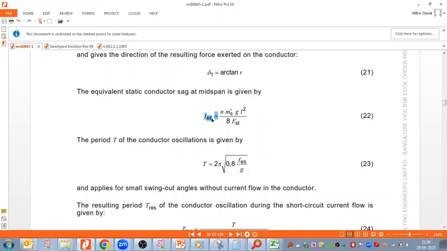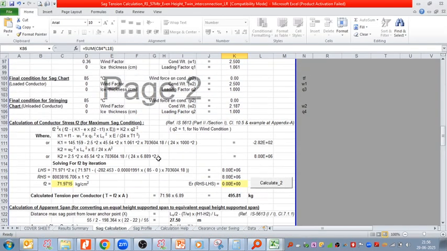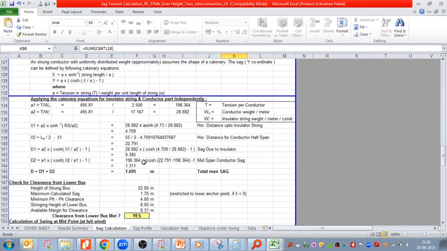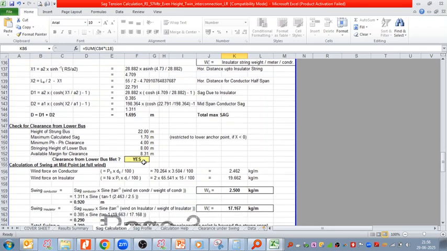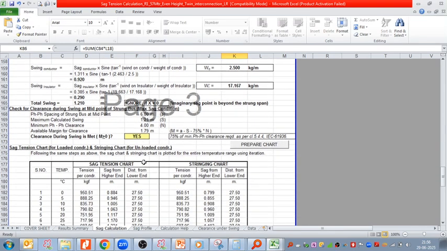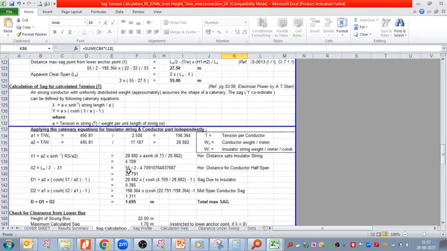In this section, if you have taken this FES, this is my stress, and after that stress swing, because in the sag maybe we have inserted that.